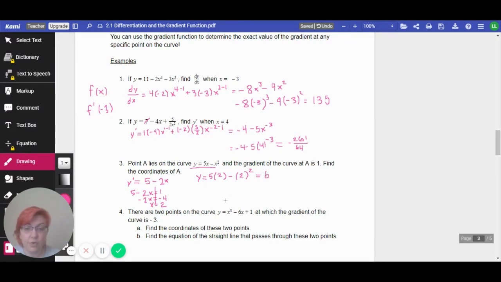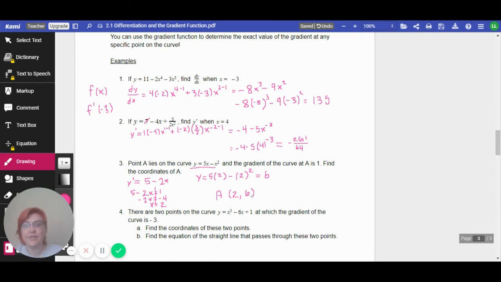So the coordinates of A, I have my x value here, 2, and my y value here, 6.